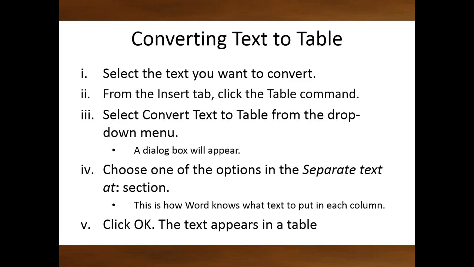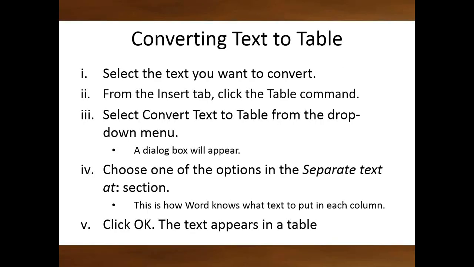That is, are you going to separate them by paragraph, by tabs, and others as I will show you. 5. Click OK. And once you click OK, the table is created and the text is placed in the table.